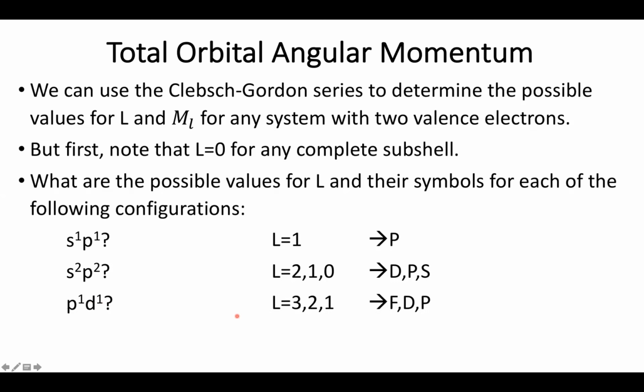I was looking ahead, because our total orbital angular momentums are 3, 2, and 1 with corresponding symbols of F, D, and P. So again, this means that I will have potential values for my total magnetic number ranging anywhere from -3 to 3.